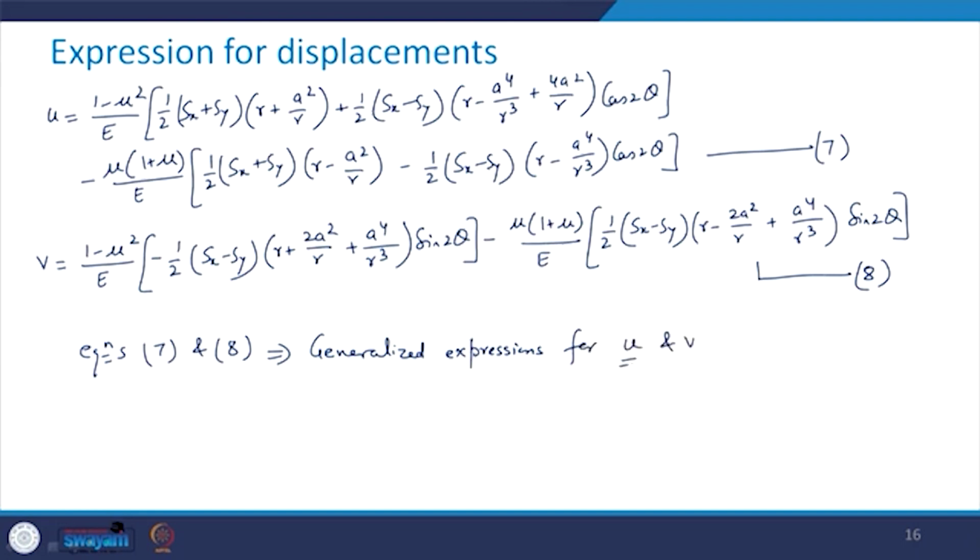U is the radial displacement, v is the tangential displacement, and you can see that these are the function of a, r, theta, Sx, Sy, mu and E. If you recall, in case of these stresses, those expressions were not the function of the elastic properties, but in case of the displacement, E and mu also come into the picture.